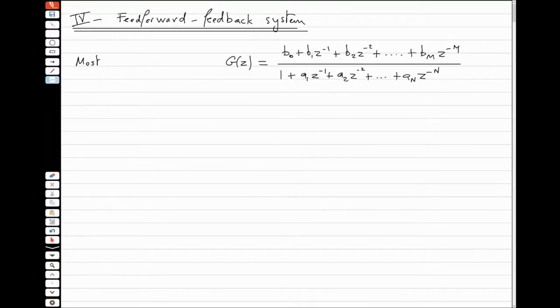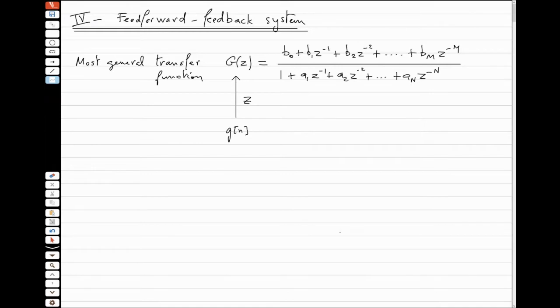Most general transfer function is of that type. And one wonders what system can have such a transfer function. Remember that the transfer function is the Z transform of the impulse response G of n.